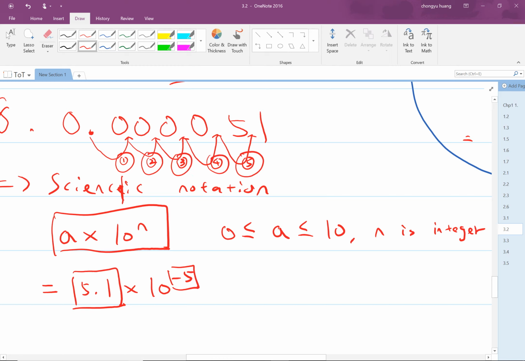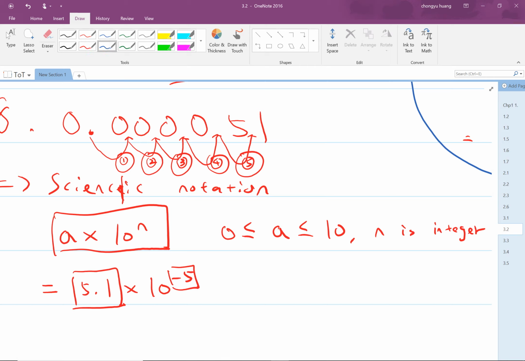So this is one of the methods to know what n is. You are basically counting how many places to 5. Okay, I think you guys get it, right? If you don't get it, then I'm also going to tell you another way to know the number for n.